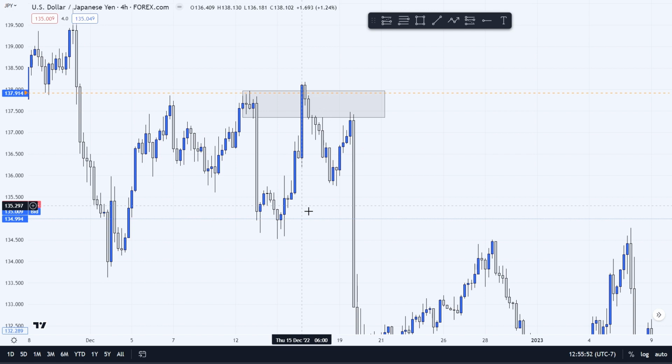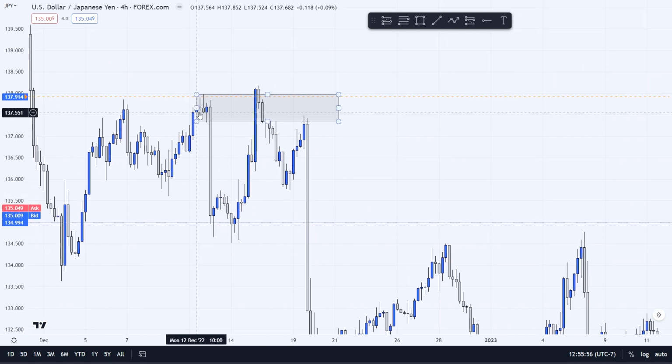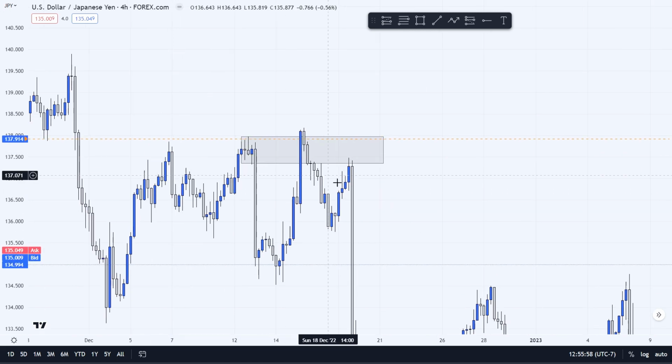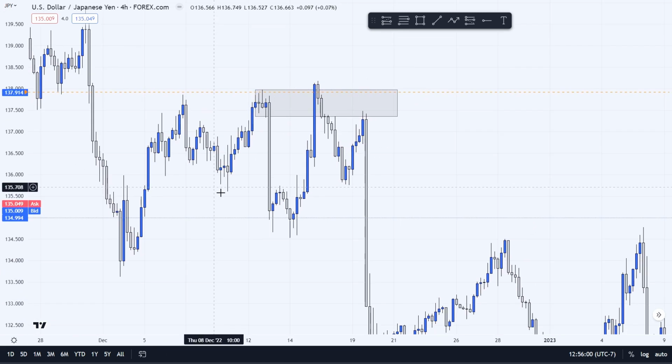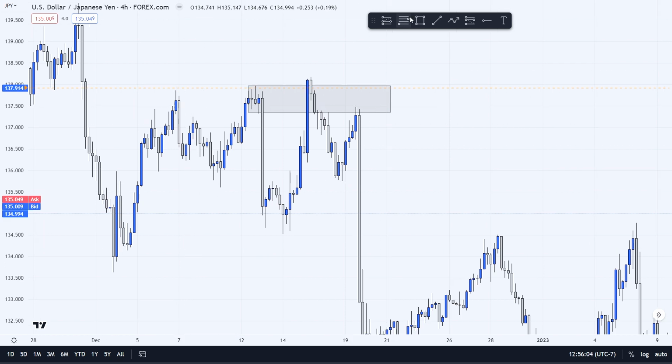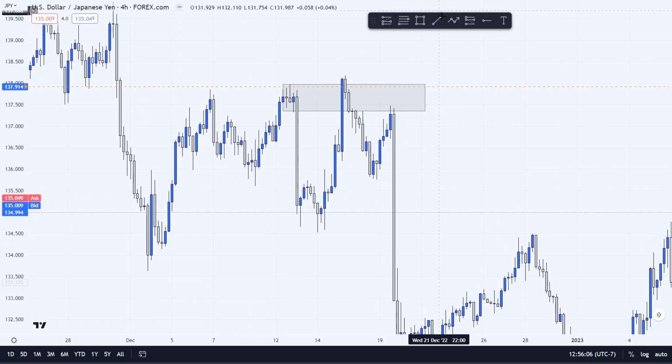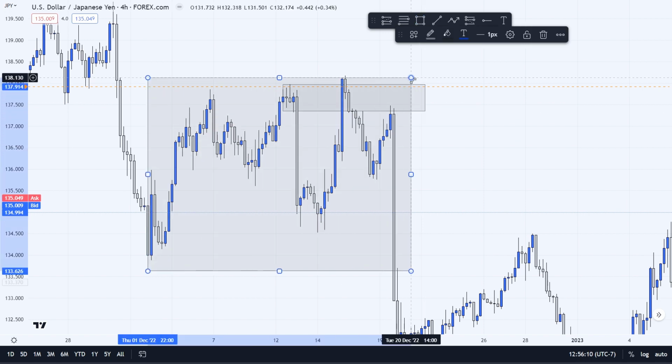So another thing I want to explain is why I didn't use some of the other zones that you may be looking at if you trade supply and demand. So for me, this whole pullback from here all the way up here, all these zones are valid for your supply zones because this is the whole pullback on the daily time frame.